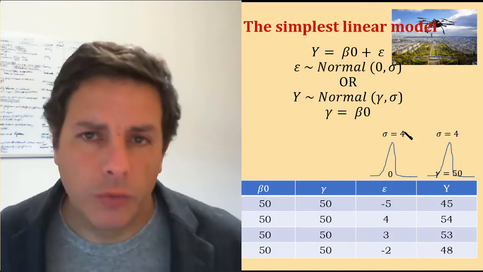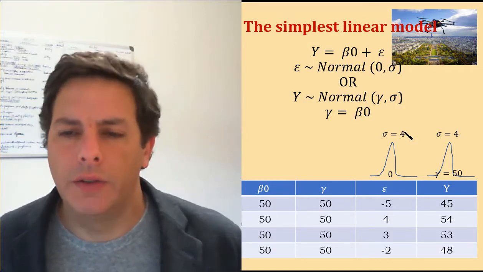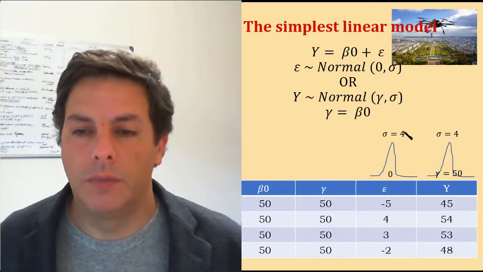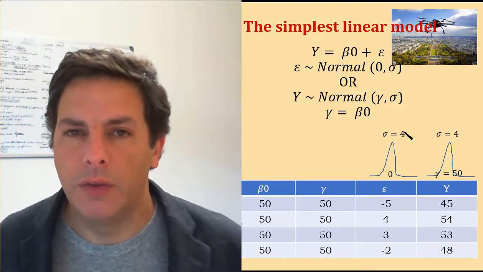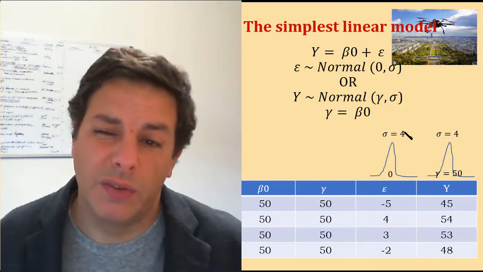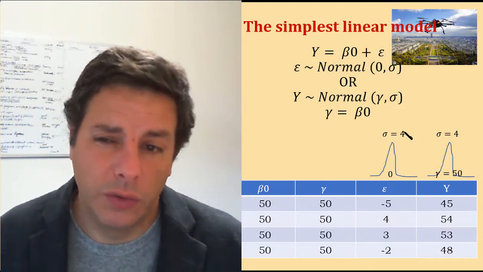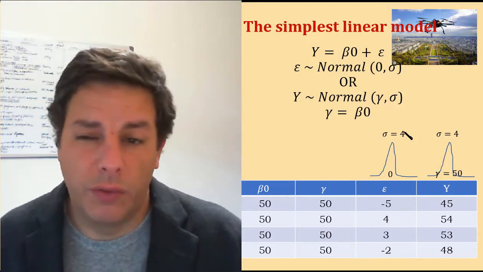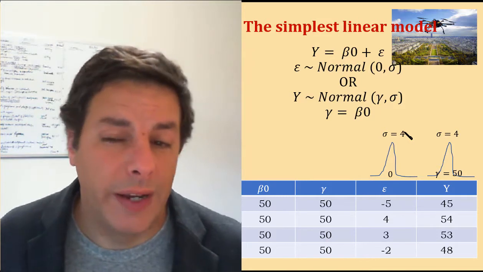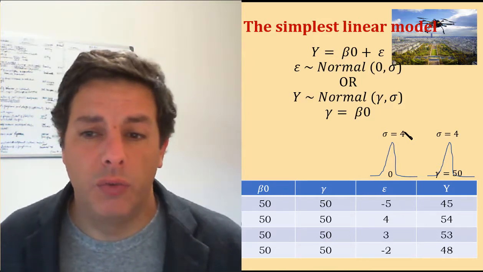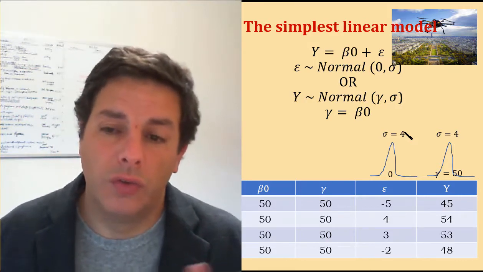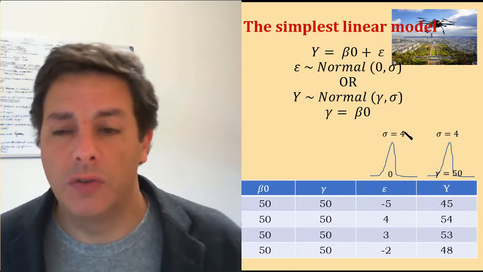Now, -100 would be very unlikely to obtain in that sample, because the mean is 0 and the standard deviation is 4, and more than 60% of the values are between -4 and 4, and more than 95% of the values are between -8 and 8, which are 2 standard deviations to the left and 2 standard deviations to the right.